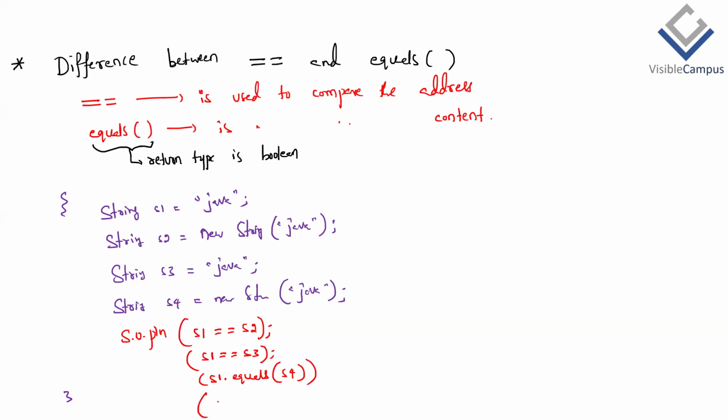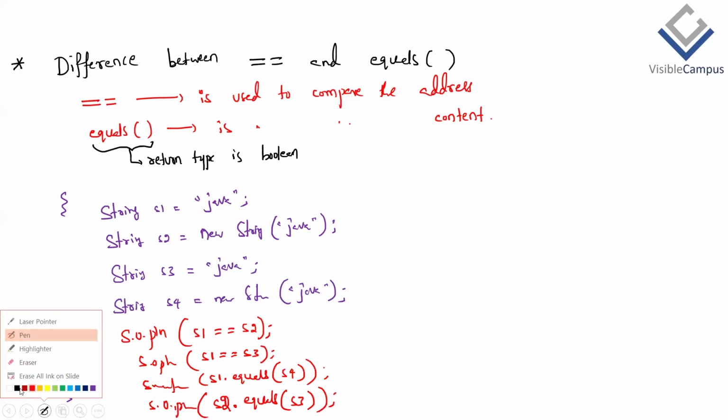Then s2 dot equals of s3. Closing of println. So these are the 4 different lines of code, and I'm asking you to guess what the result is. Without my explanation, can you please guess what your answers are?